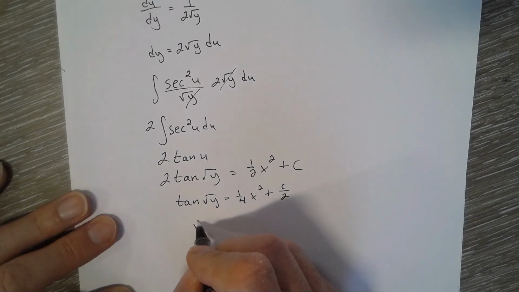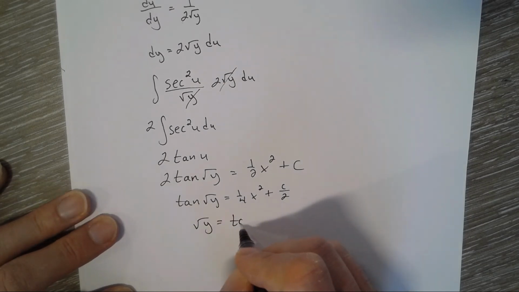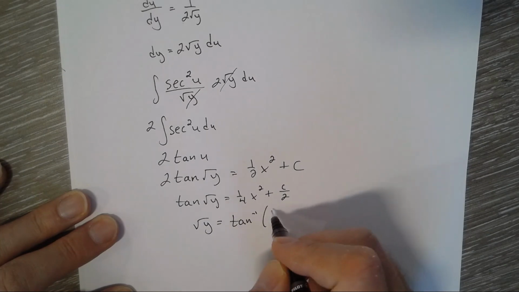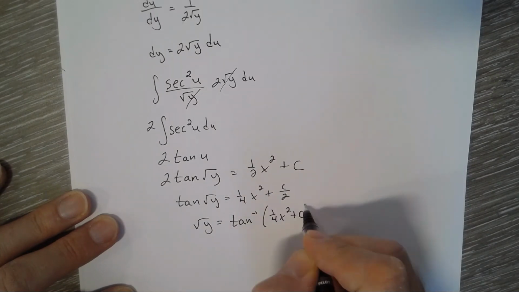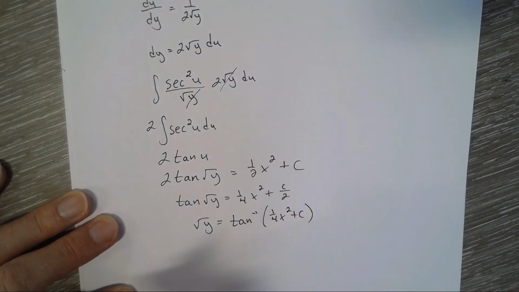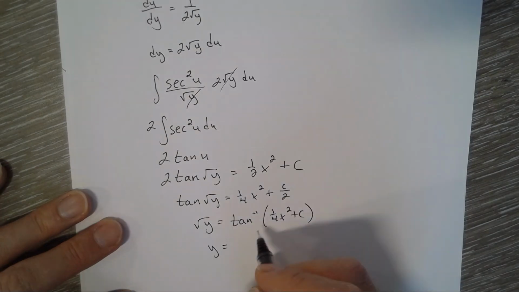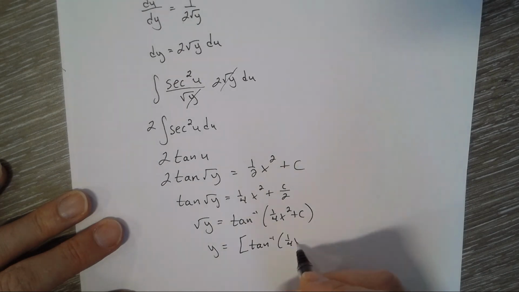So then the square root of y equals the inverse tangent of 1/4 x squared plus c. And then we can square both sides. The inverse tangent of 1/4 x squared plus c, squared.